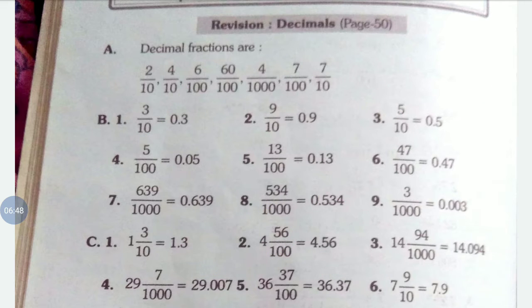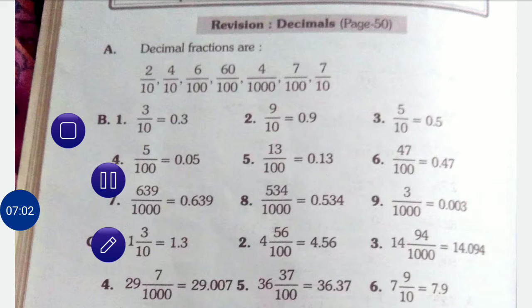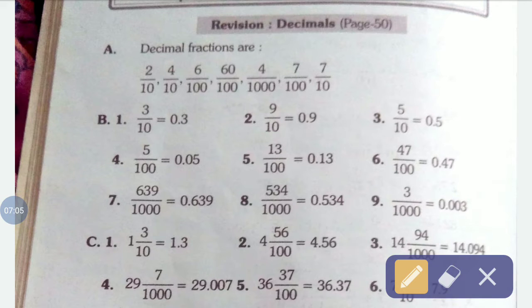In the same way you are going to do the next one. As the denominator is 1000, the decimal point will be after 3 digits. And one important thing: the decimal point should be counted from this side, first digit, second digit, third digit.